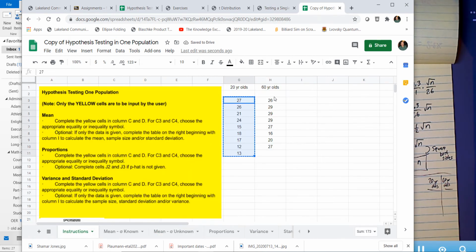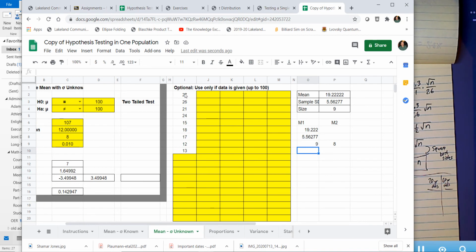So again, on the instruction page, I had copied all the scores of the 60-year-olds. And I'll go back. Let me clear these out and paste them in here. There's 8 values now. And so their mean is 25.375, and their sample standard deviation is 4.80885.